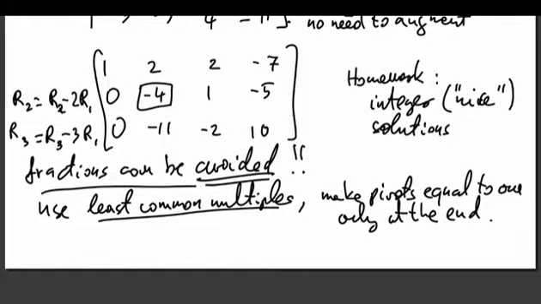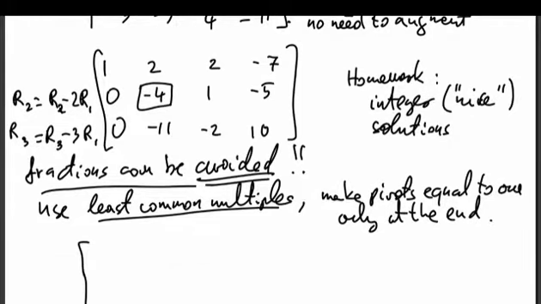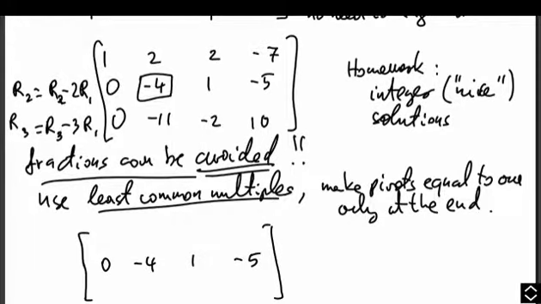What we do now, we start with the second row in the next step. We don't do anything to that, but now we make the entries above this minus 4 and below it 0. How can you make 2 equal to 0 using minus 4 without doing any division?